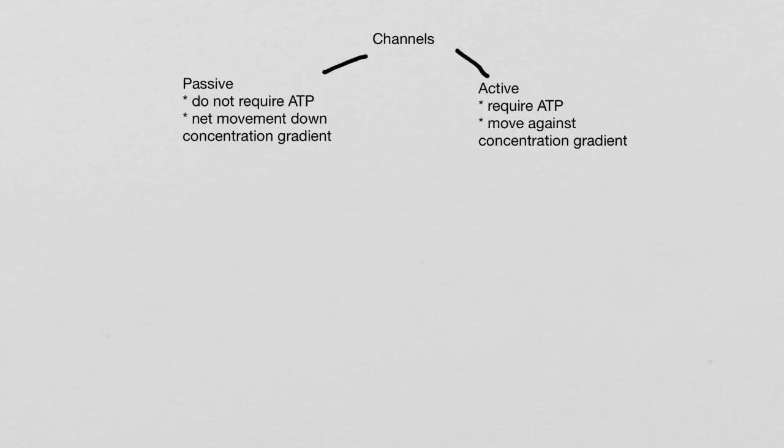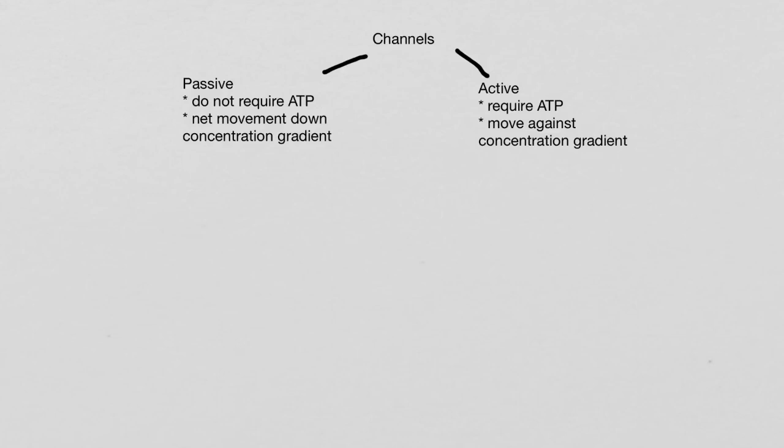Here we're going to organize our information about channels. So channels can be passive or active. Passive channels do not need any energy in the form of ATP, but active channels do. In addition to whether or not they require ATP, passive and active channels differ because in passive channels, the net movement moves down the concentration gradient.